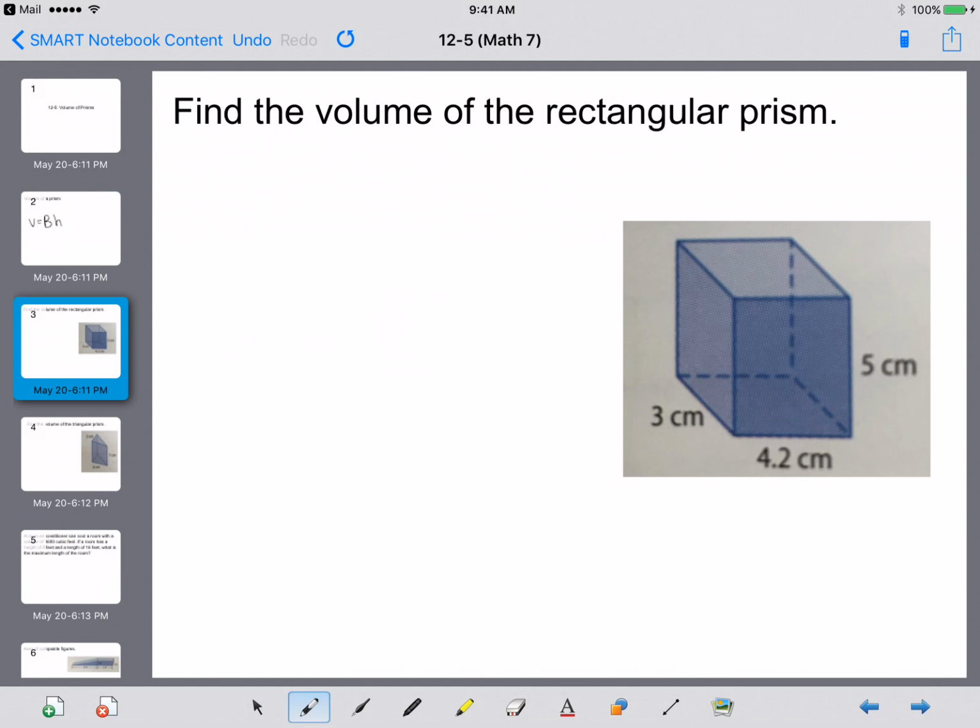So we need to figure out the area of our base, which would be 3 times 4.2, which will get us 12.6.